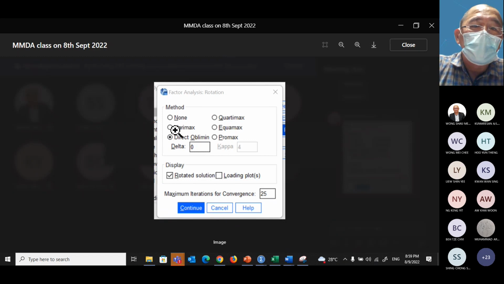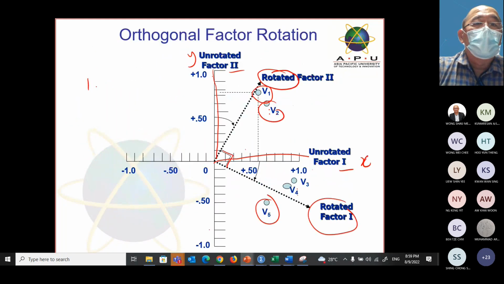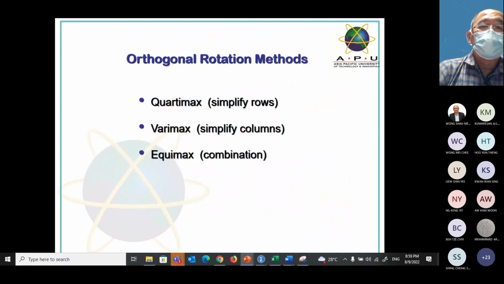The first three, Varimax, Quartimax, and Equamax. Promax I'm not sure, I need to check later. But the first three are confirmed: Quartimax, Varimax, and Equamax belong to orthogonal. Yes, it's already in the slide.